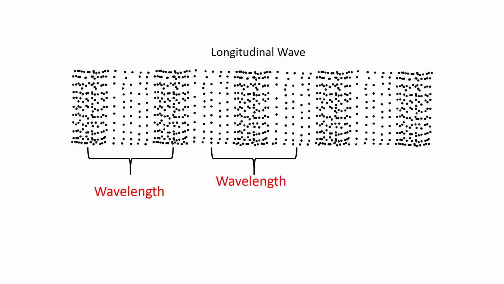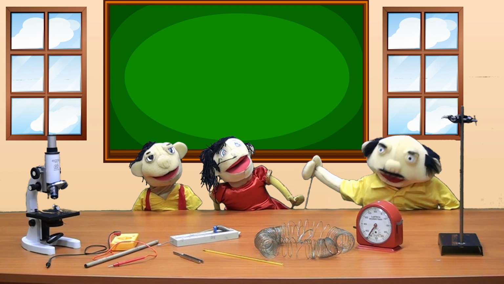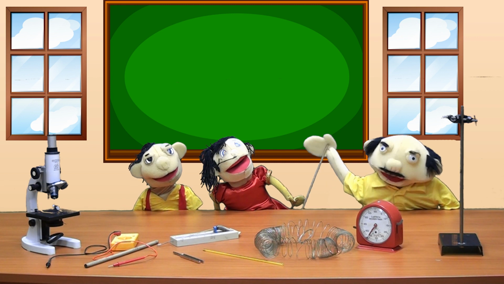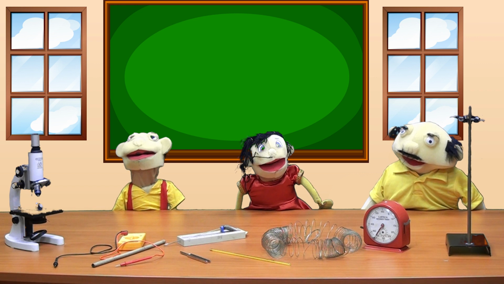So, wavelength in the case of a longitudinal wave is the distance between the midpoints of two successive compressions or the distance between the midpoints of two successive rarefactions. That is simple, isn't it? That's the length of a wave. All you need to remember is from where to where is the length of a wave. Clear? Yes, that is simple.